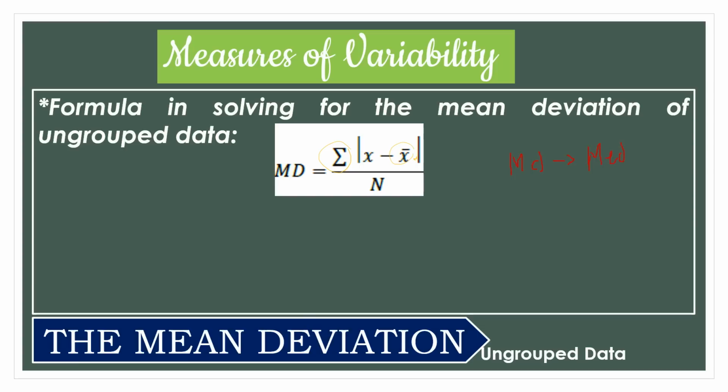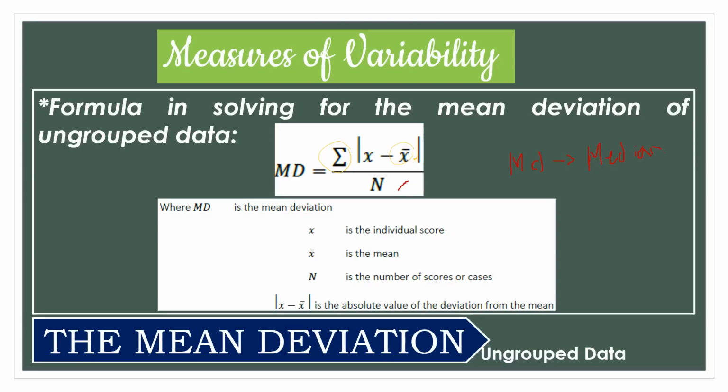Again, this is for median. Okay, the formula is MD is equal to the sum of the absolute value of X minus the mean, and then divide that by the value of N, or the total number of cases.